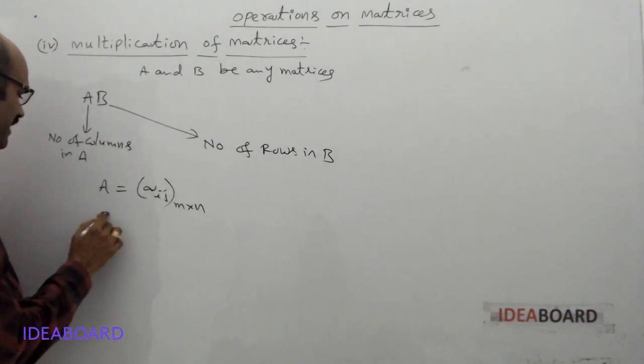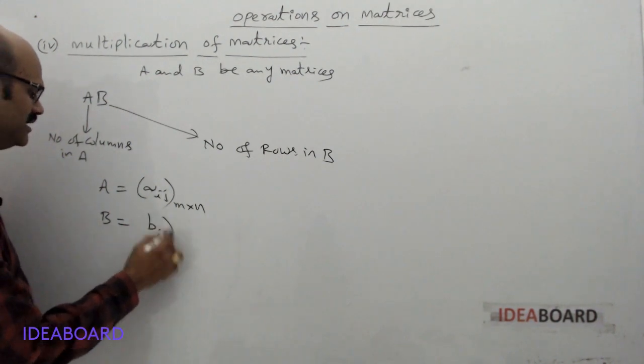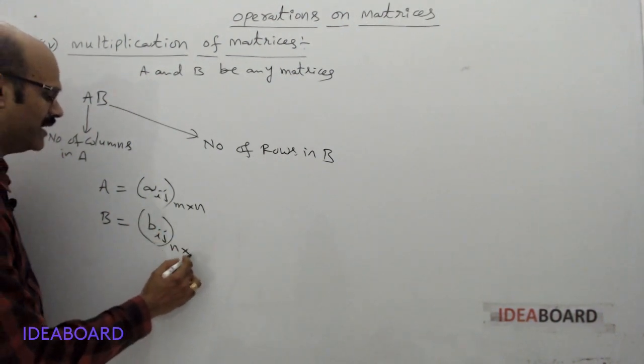And let me take the matrix B equal to Bij, n by p.